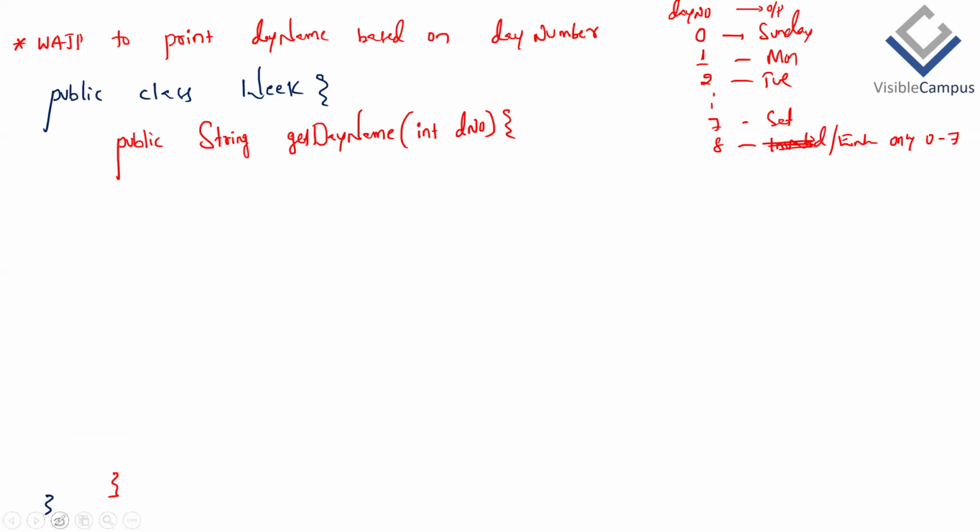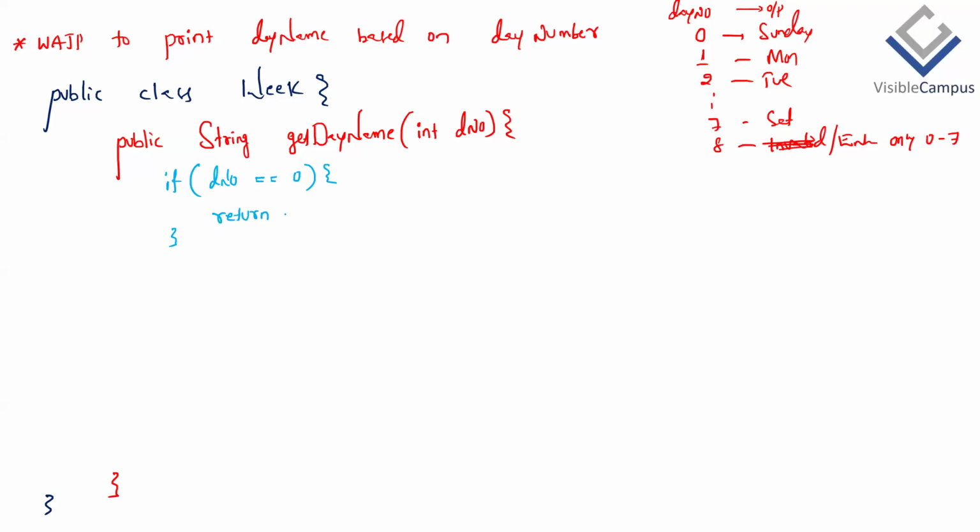Now we try the logical part with conditions. What is the first condition to start? If day number double equals 0, then what should we write? We have to print Sunday or return Sunday. Return Sunday, right? That's why I am using a return statement here.